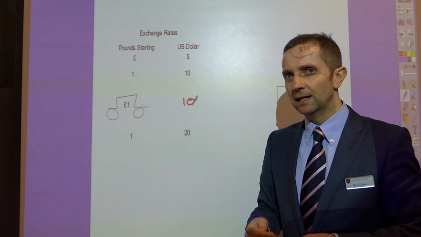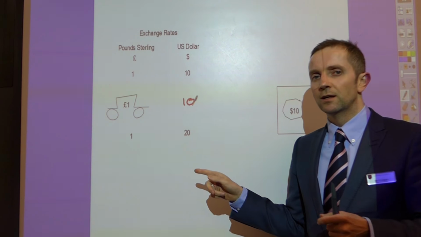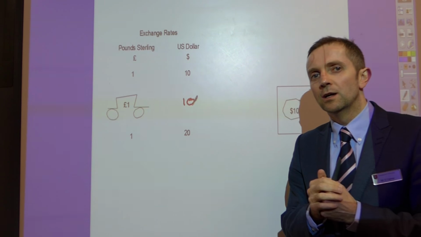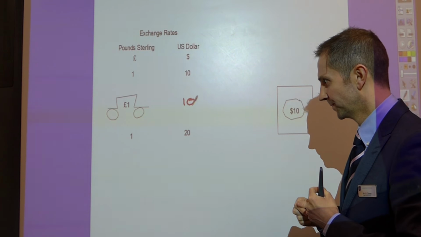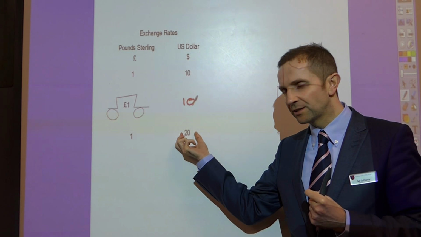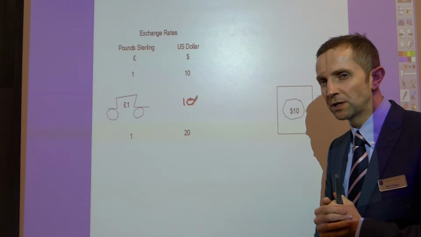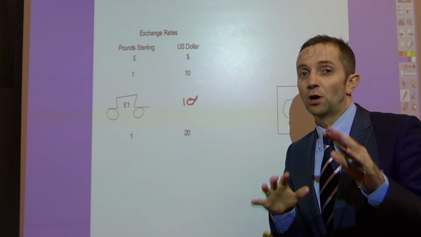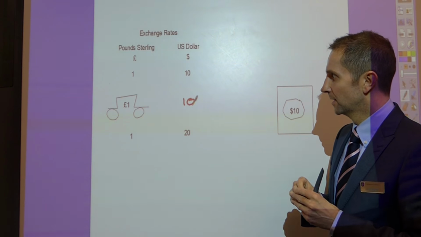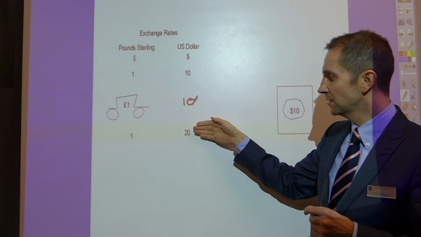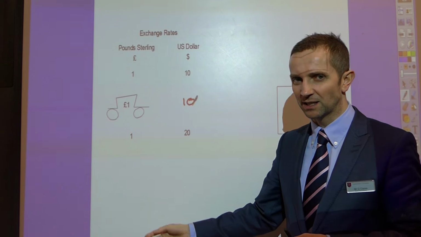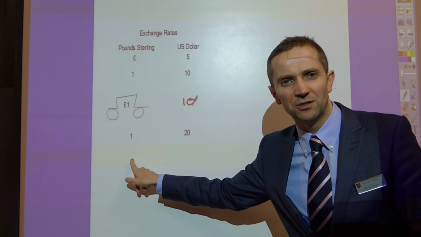However, let's say that it now is more expensive to buy £1 worth of UK goods. So you need more US dollars to get £1 worth of UK goods. Now in this case, that means that the dollar is getting weaker because it's going from 10 to 1 to 20 to 1. And of course you'd expect that because we've already explained that the pound was getting stronger.